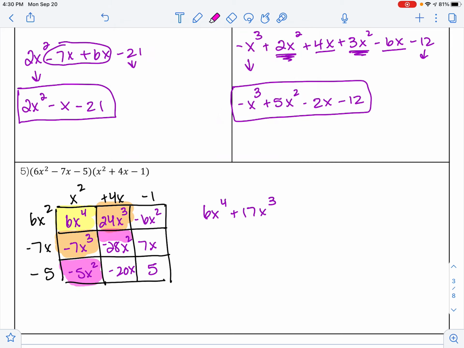negative 5x squared plus 28x squared minus 6x squared. So that would be 11, and 28 will be negative 39x squared. And then I have negative 20x plus 7x is negative 13x.